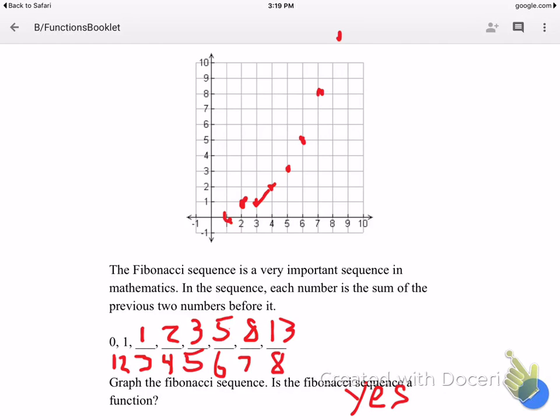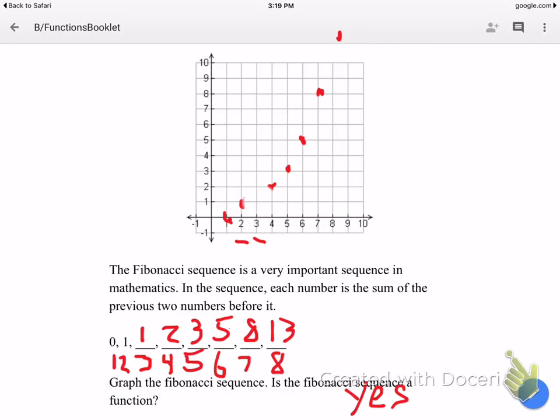Now, you might think it's not a function because the second and third term are both 1, but remember, you can have the same output as many times as you want, as long as they're for different inputs. We never have a situation where we have 2 dots on the same vertical line. So each input has exactly one output, so it is a function.